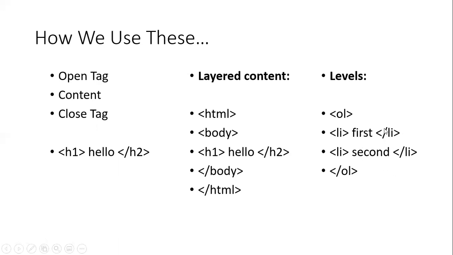If you didn't have the close tag here, and you just had LI first, and then you went down a line and put second, it would still print first, second as a single item, on a single line, rather than number them. This is how you tell the computer, this is all I want for number 1, this is all I want for number 2, and now I'm done with my list.